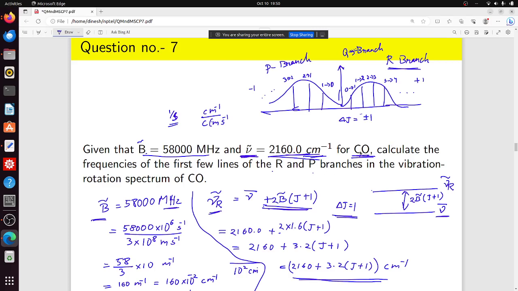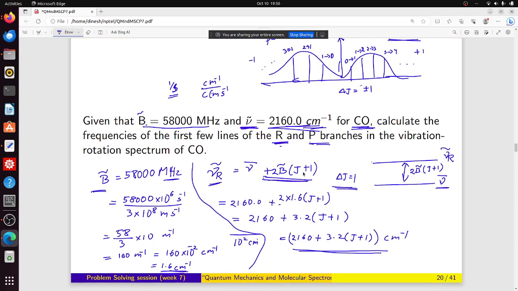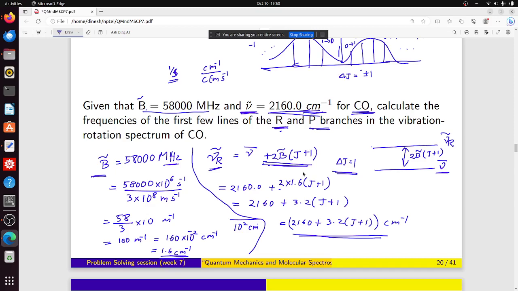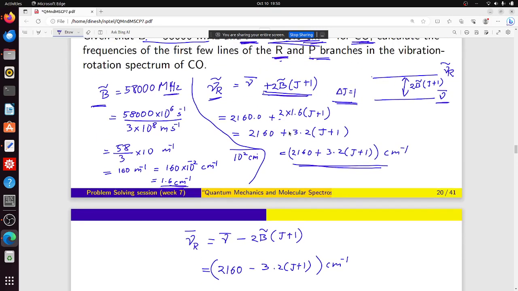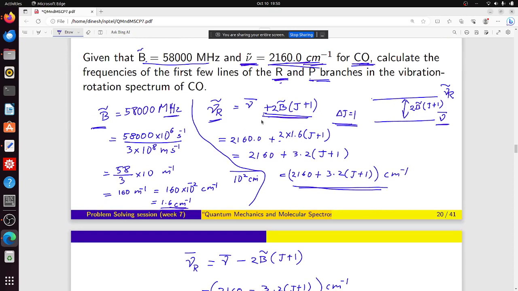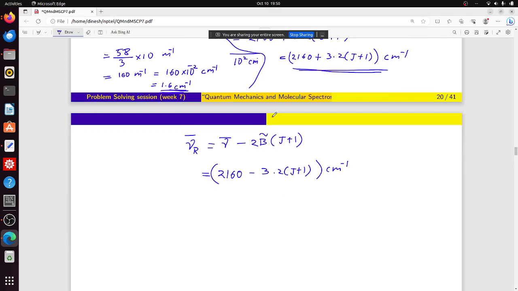Then we are asked to calculate the lines towards left and right, the R branch and P branch, in the vibration-rotation spectrum. The vibration contribution is pretty small, so effectively we can write it in terms of rotational correction. If the R branch is considered, this frequency will be added.